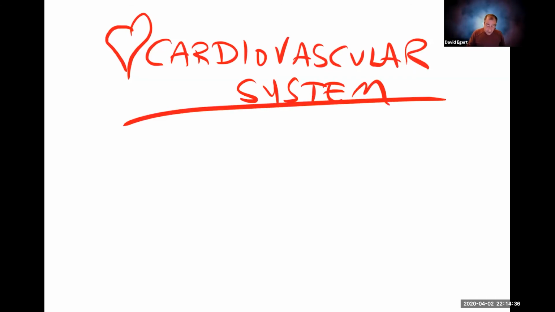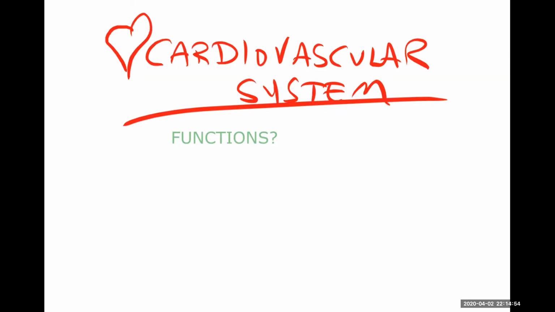So we always start a new system by talking about kind of functions. So what are some of the important functions of the cardiovascular system? To pump blood. So I would say pumping blood is the mechanism that it accomplishes its job, but why do we pump blood? What's the function? What's the purpose of sending blood all around the body? Circulate oxygen.